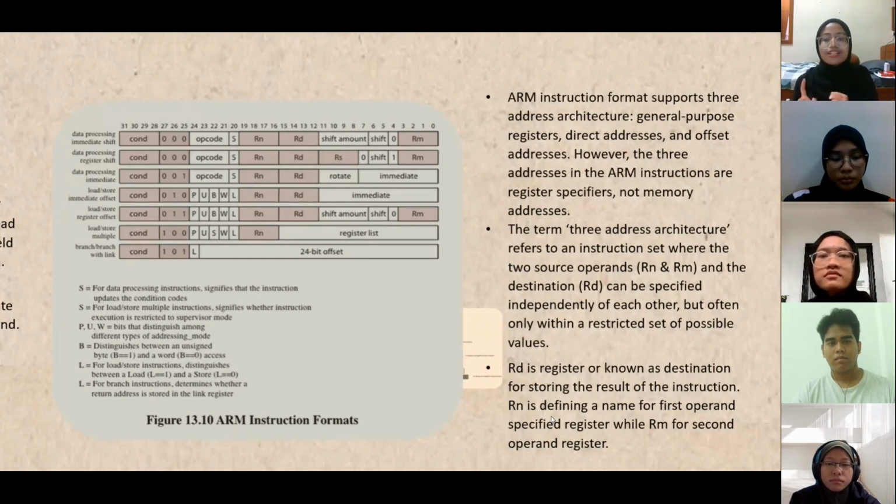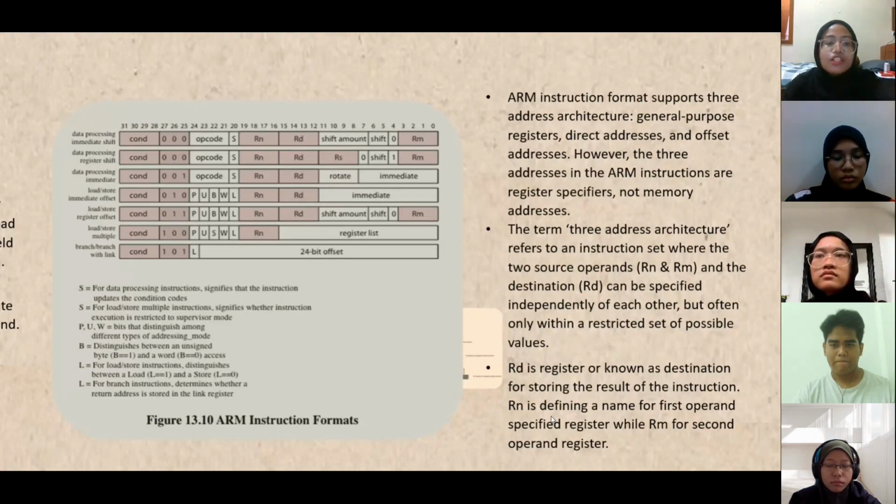So Rn is the first operand register and Rm is the second operand register. And the destination Rd is a register which we know as the destination for storing the result of the instruction. So these can be specified independently of each other.